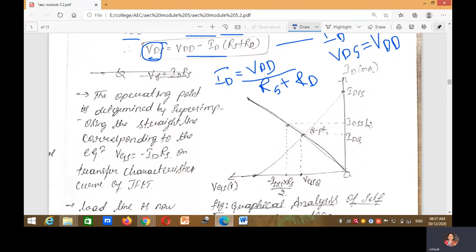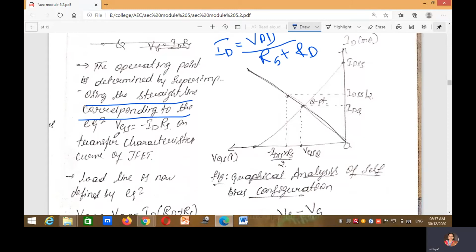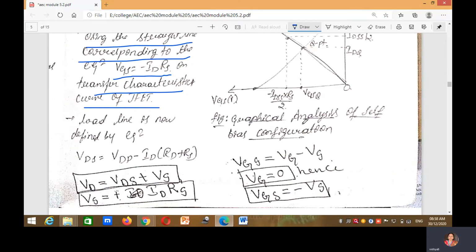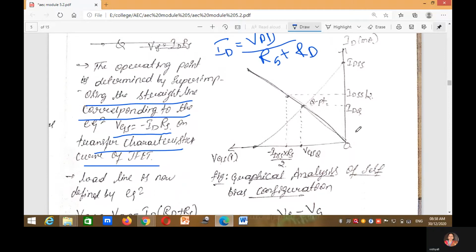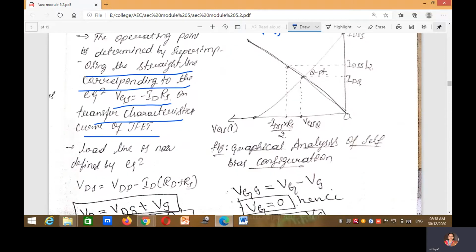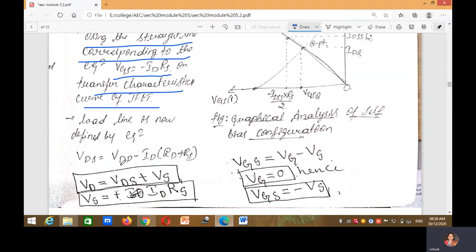The operating point is determined by superimposing the straight line corresponding to VGS is equal to minus ID RS on the transfer characteristics curve of JFET. You can observe this is a graphical analysis of self-bias configuration. The load line is now defined by VDS is equal to VDD minus ID into RD plus RS.